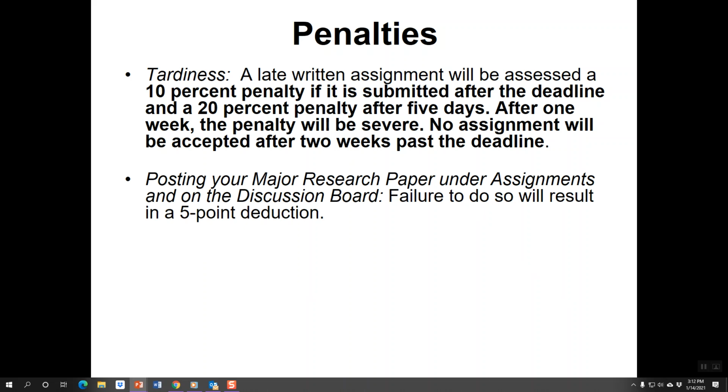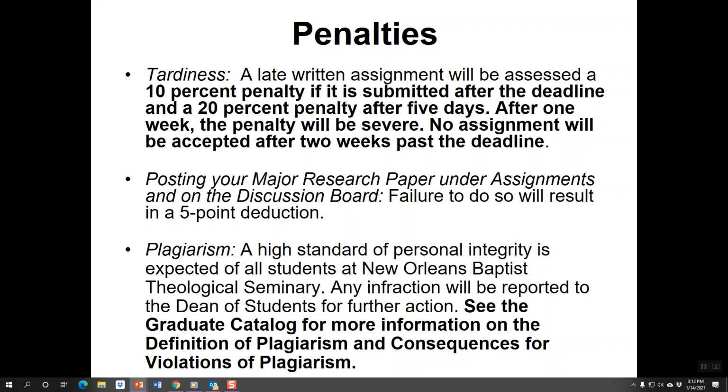All right, again, you must post your research paper under assignments and on the discussion board, or there will be a 5-point deduction. And now, I hate the necessity of talking about plagiarism, but nonetheless, you would be surprised at how often this occurs.